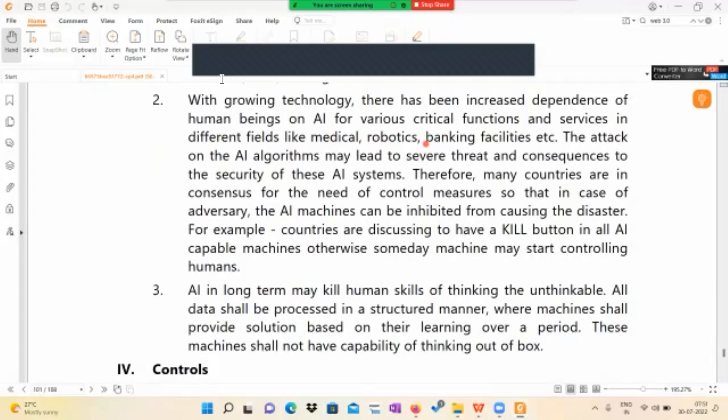So the security of these artificial systems is important, and outsiders should not intrude into the artificial intelligence system and manipulate the input data. For this, the security of artificial intelligence has to be taken care of.